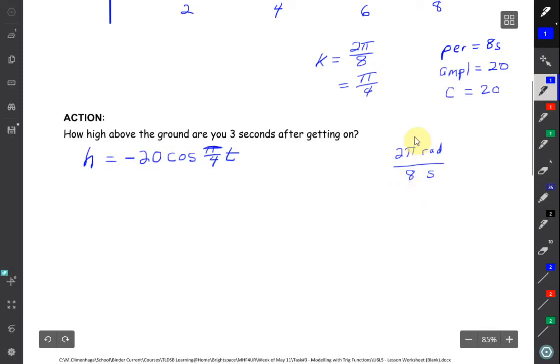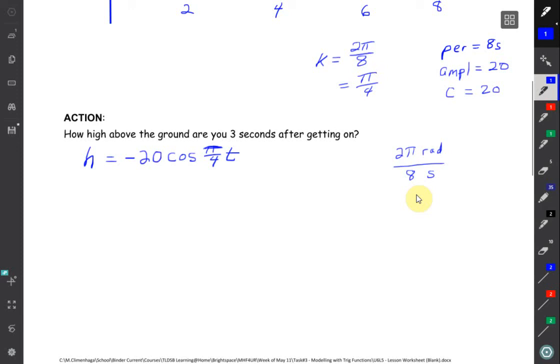So the ratio here is the fact that 2 pi radians represents a full revolution, which is 8 seconds. So when we put 3 in here, this ratio basically converts 3 seconds out of 8 to how much that is in terms of 2 pi. In effect, it's going to be 3/8 of 2 pi, which means we're 3/8 around a full revolution. So this is really a good thing to understand in terms of this k value, that really it ends up being a ratio.